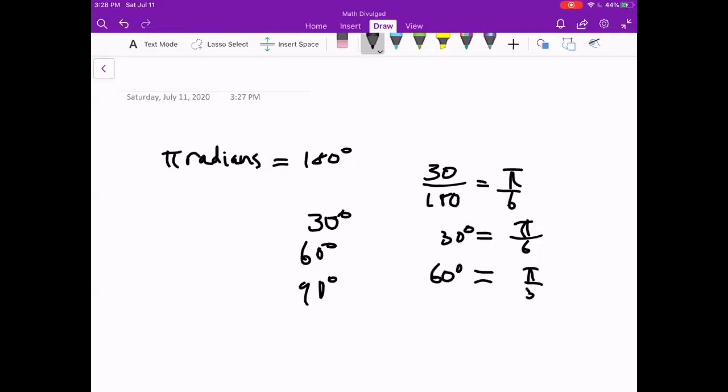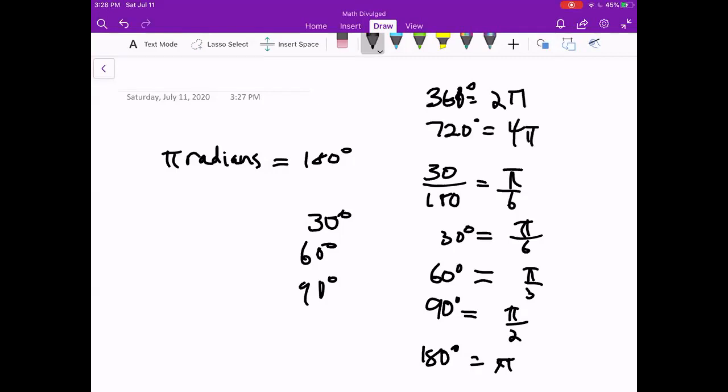And 90 degrees is equal to pi over 2 radians. And 180 degrees is just equal to pi radians. And you can do this so on and so forth. So basically 360 degrees is 2 pi, 720 is 4 pi, and so on. So that's just the notation I wanted to share before we proceed into the graphs.